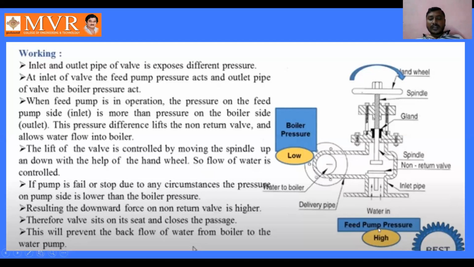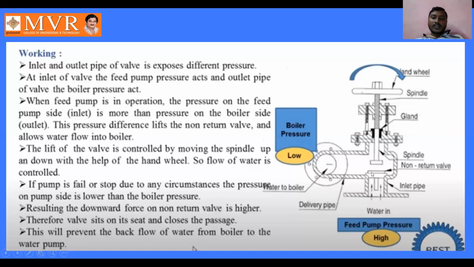Due to this high feed pump pressure, the non-return valve moves upward, and when it does, the water enters the delivery pipe. The pressure difference lifts the non-return valve and allows water flow into the boiler.